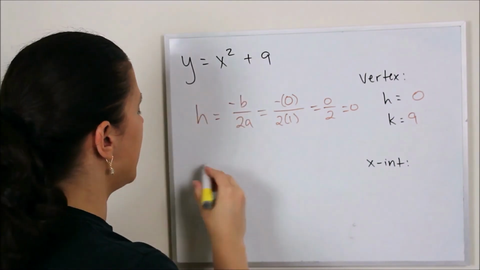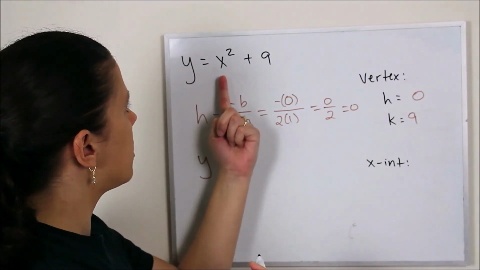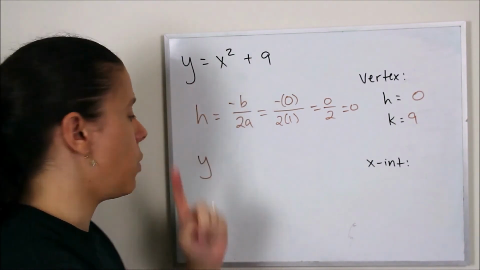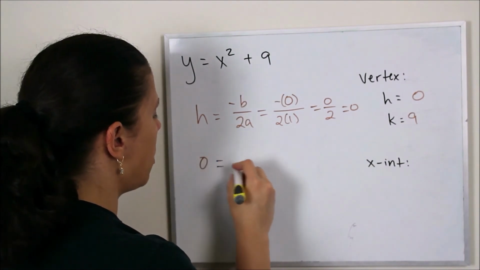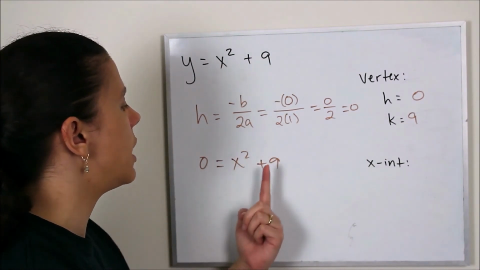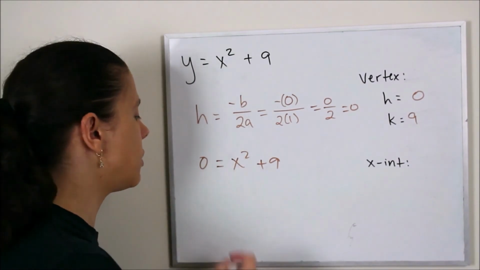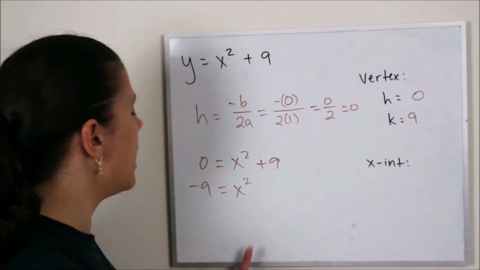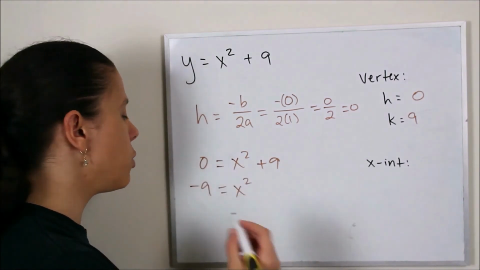This right here, so let's try to solve it. Right? Let's find out what x would be if y was 0. So 0 equals x squared plus 9. The only thing that we can do here to solve for x would be to subtract 9 to the other side. So negative 9 would be equal to x squared. And then to solve for x, we would have to square root both sides.